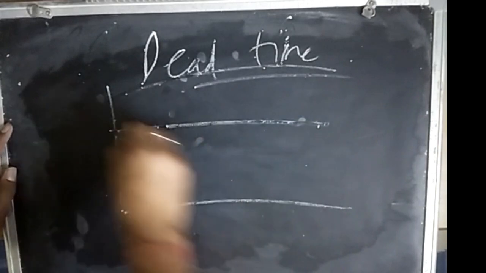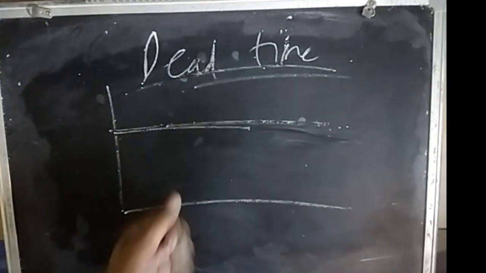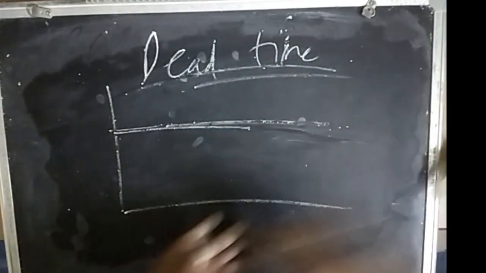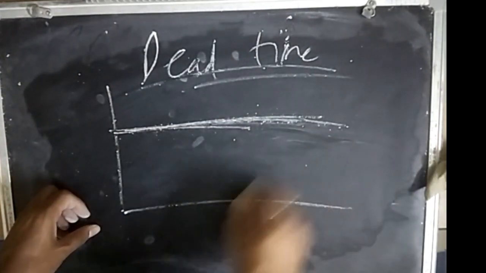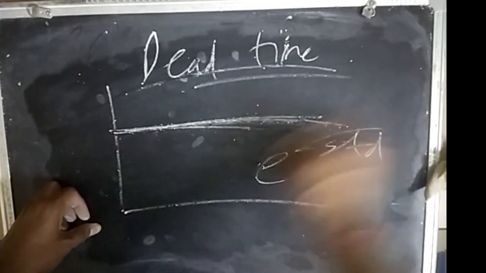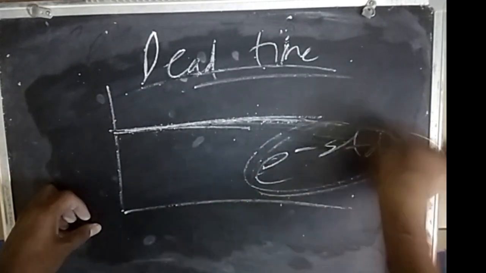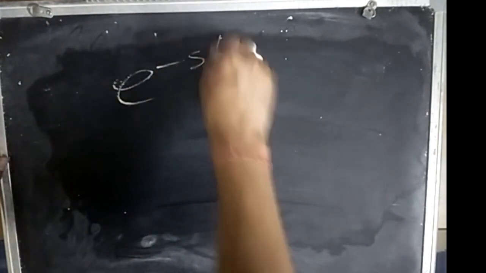Then for dead time systems, the plot is straight. Why straight? Let me show you how these are actually obtained. The quick thing that we knew is e raised to minus s td.